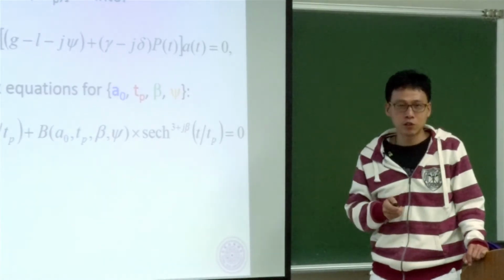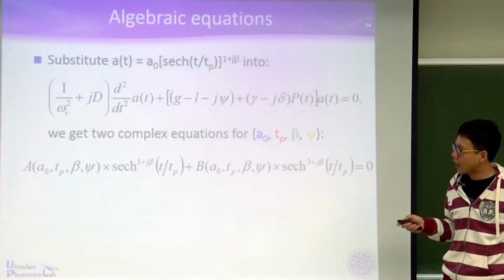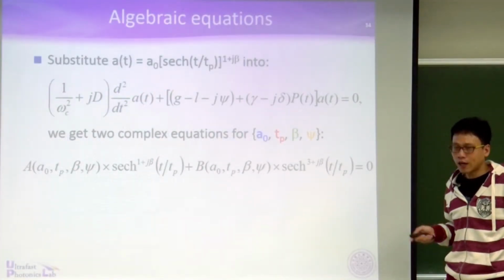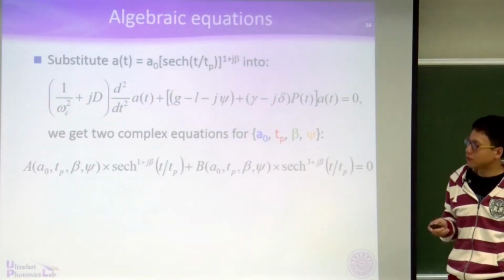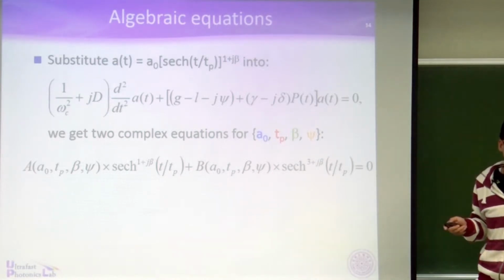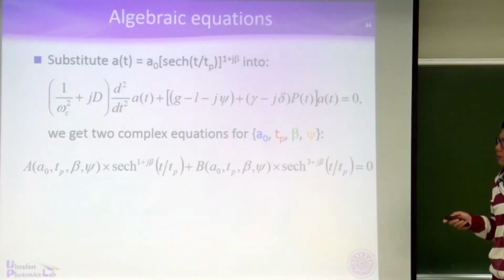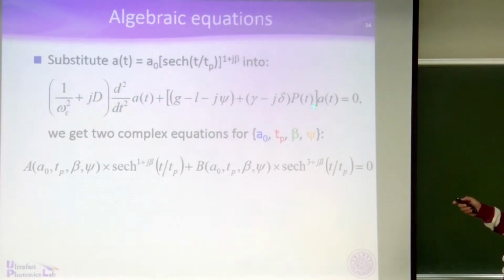So you have 4 unknowns, but it looks like we have only 2 equations. The situation is very similar to the previous section, because after substitution, you have a second order time derivative, absolute square times the unknown function itself. So after substitution, you have only 2 possibilities.